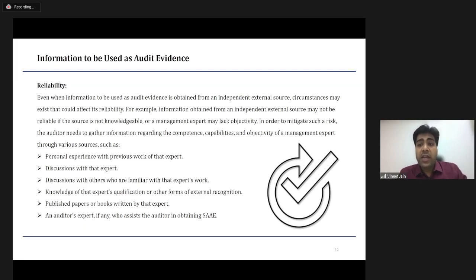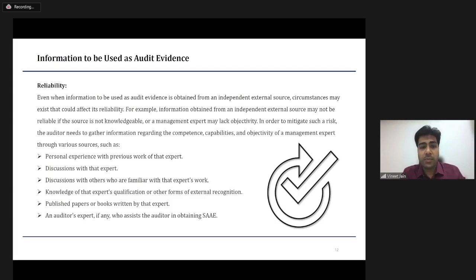In order to mitigate such a risk, we as auditors need to gather information regarding the competence, capability, and objectivity of the management expert. There are various ways of doing that. As an auditor, we may have personal experience with the expert, on the basis of which we may know the expert's competence and capability.